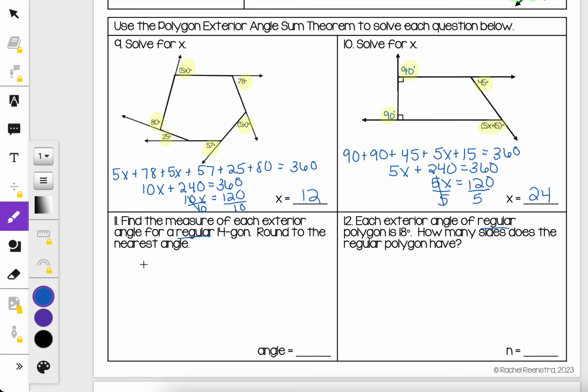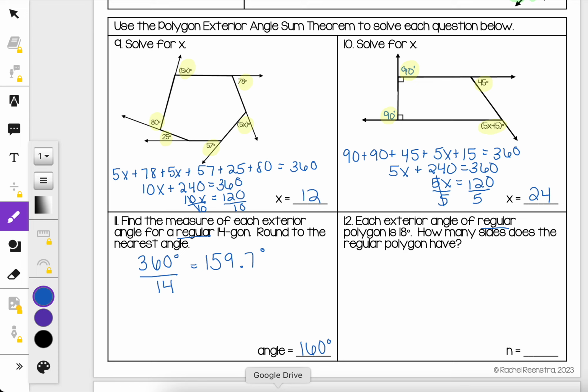The total would be 360 degrees divided by the 14 exterior angles. When I plug that into my calculator, I'm going to get 25.7 degrees. The directions tell me to round to the nearest degree, so we're going to round that up to 26 degrees.